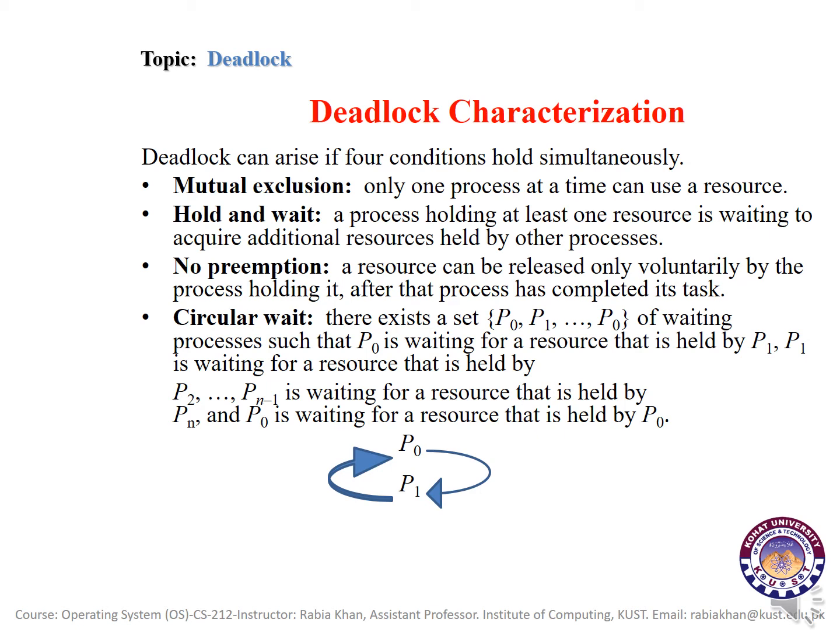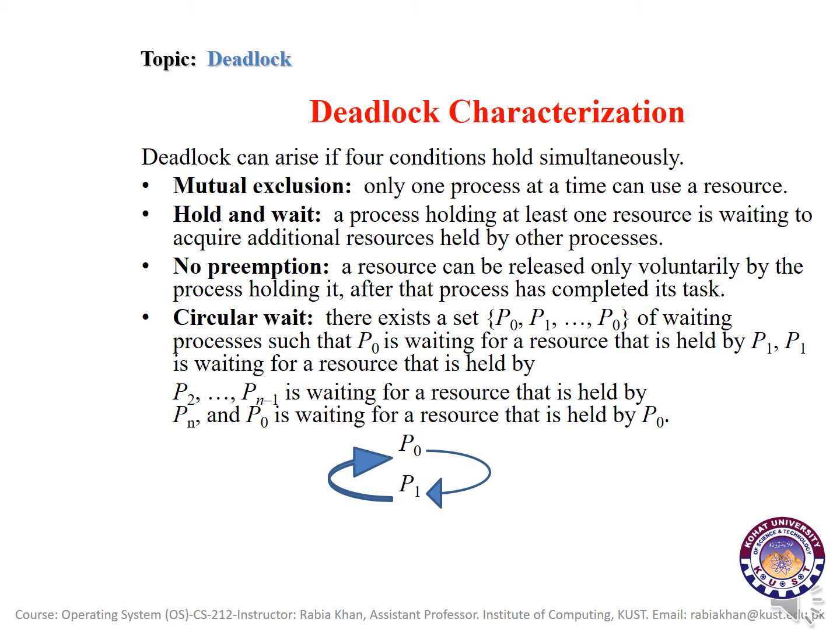Similarly, big circles can be made when more processes will be involved in circular wait. Such as process P0 will be waiting for a resource held by P1. P1 will be waiting for a resource held by P2. P2 will be waiting for a resource held by P3, and so on until the last process in the circle, such as Pn, will be waiting for the resource held by P0.